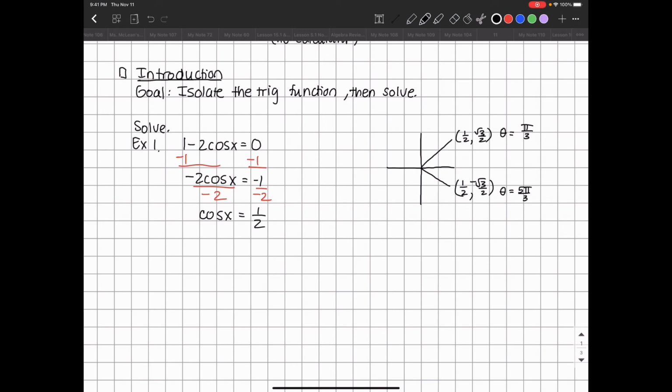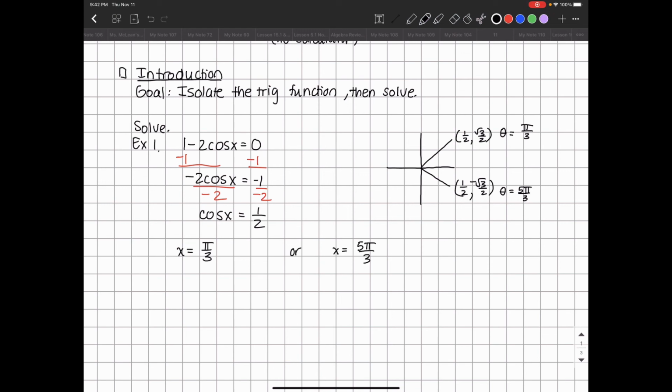What I'm going to do is I know that I could either have it in the first quadrant or the fourth quadrant where cosine is positive, or where the x value is positive. And I'm going to say that x could be equal to pi/3, or x could be equal to 5 pi/3.